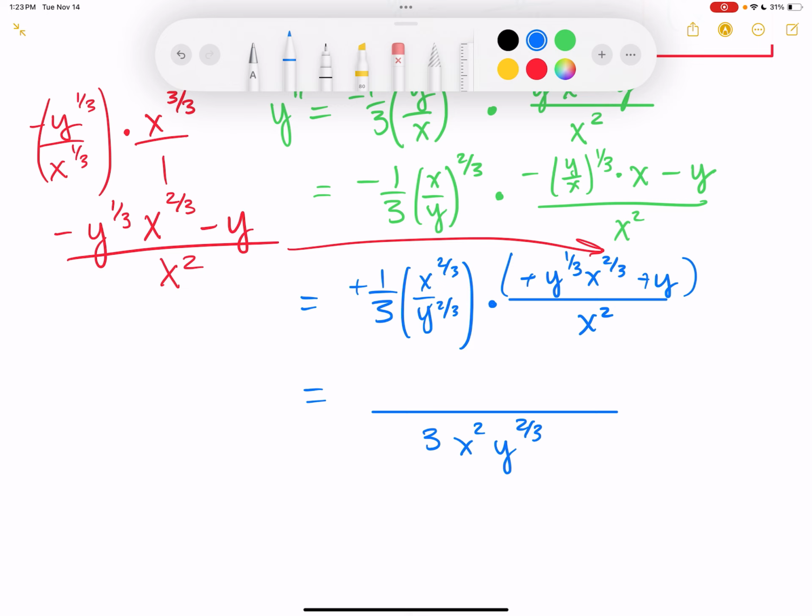On the top, I've got x to the 2/3 times x to the 2/3, which is x to the 4/3, y to the 1/3, plus x to the 2/3 y.